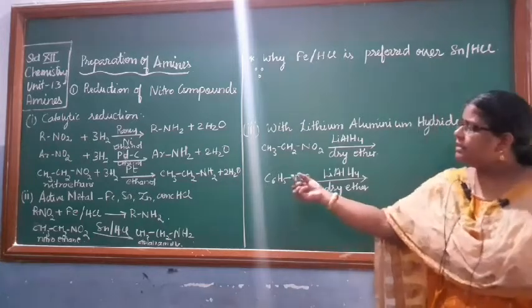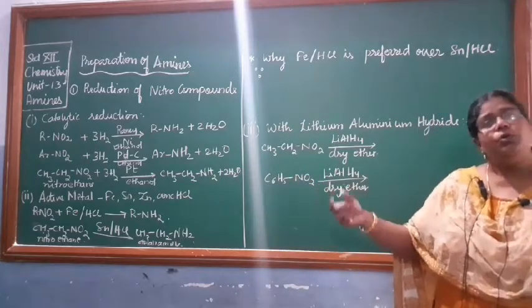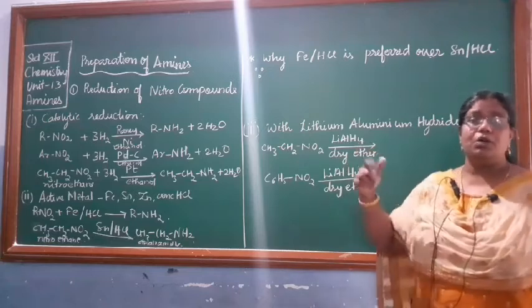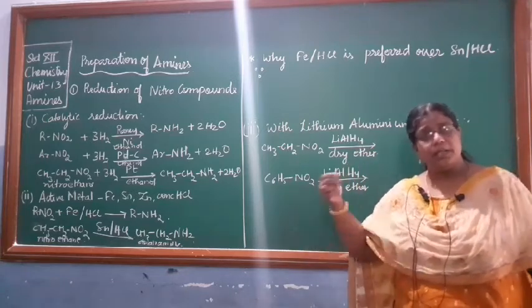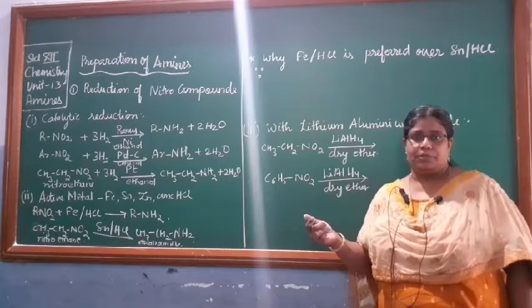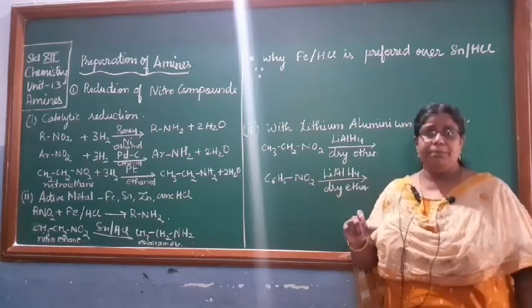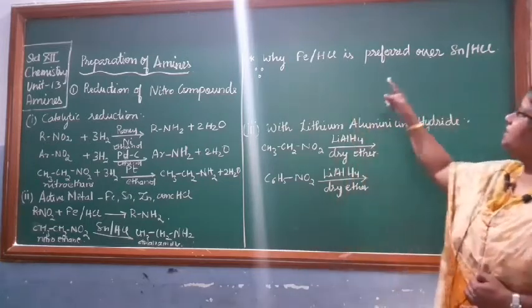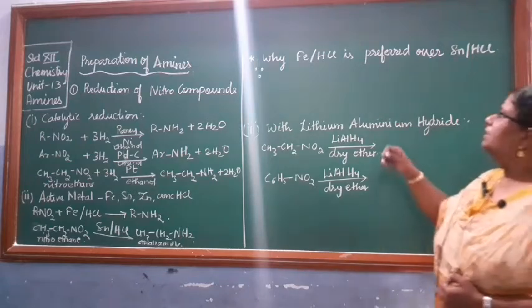So with very little amount of HCl only you can carry out the reaction, because in the reaction process HCl is being produced, so it becomes cheaper. Therefore Fe, HCl is preferred over Sn, HCl.